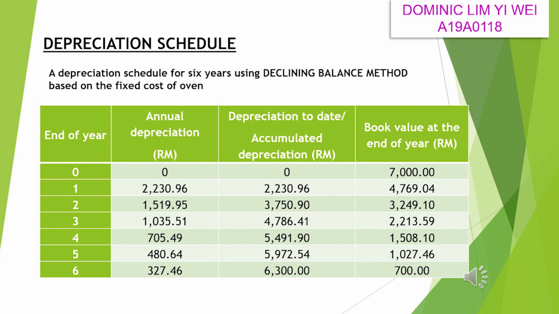At the end of year 3, annual depreciation 1,035 ringgit 51 cents, accumulated depreciation 4,786 ringgit 41 cents, book value at the end of year 2,230 ringgit and 59 cents.